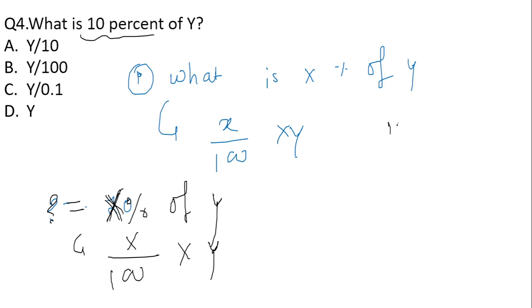What does x% of y represent? It means x upon 100 into y. So what can I write? 10 upon 100 into y. This will give me y upon 10. So the correct answer for the given question is option number A.